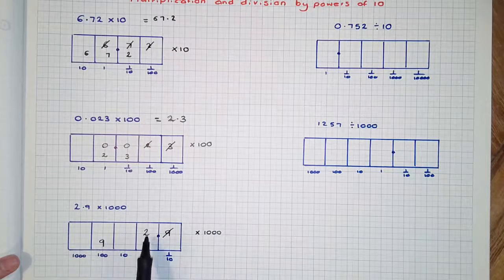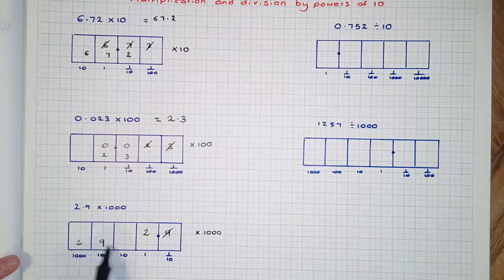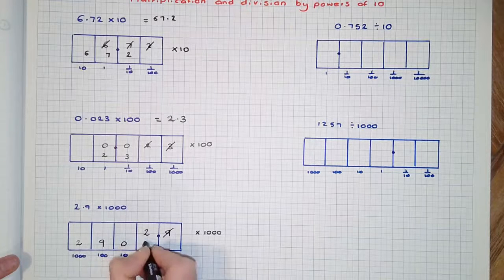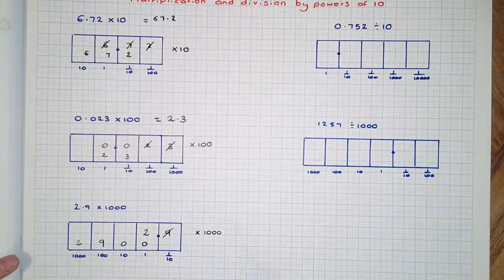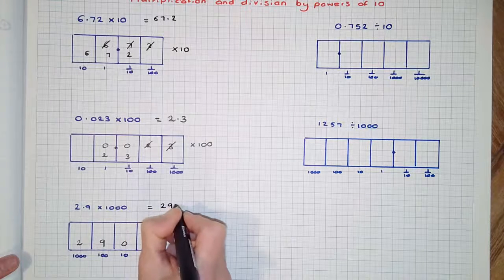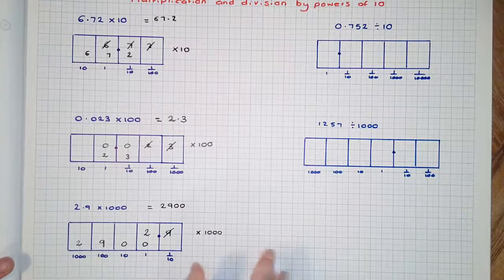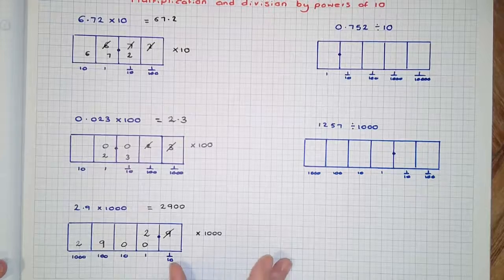And 2 ones times 1,000 is 2 thousands. So we have here 2, 9 and nothing. So we need to fill with 0 place values, giving our final answer of 2,900.